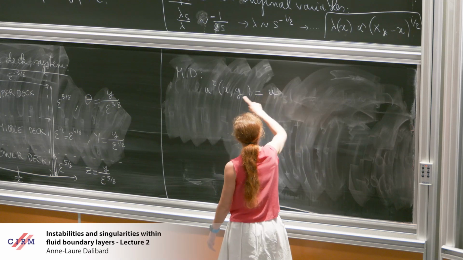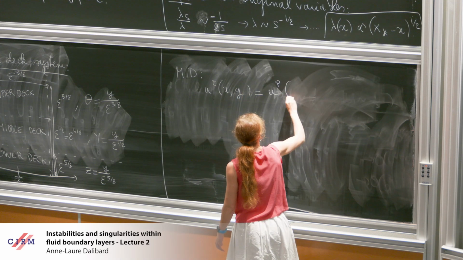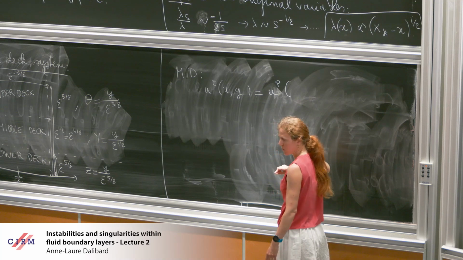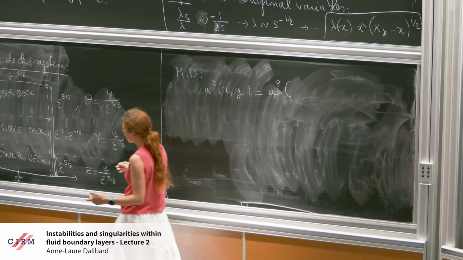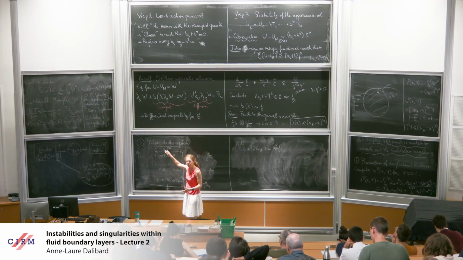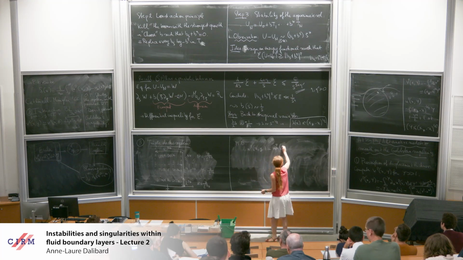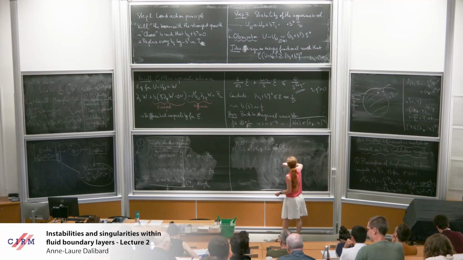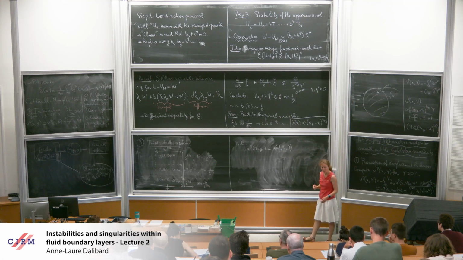You assume that your solution in the middle deck remains given by a Prandtl type solution as main order, okay? And you also assume that since you are looking at a small scale in x, the Prandtl solution doesn't move much. So it's essentially u_p bar of x bar and some y at main order, okay?